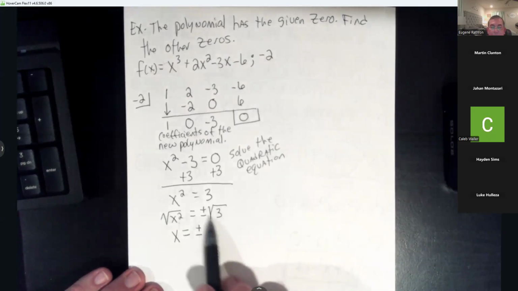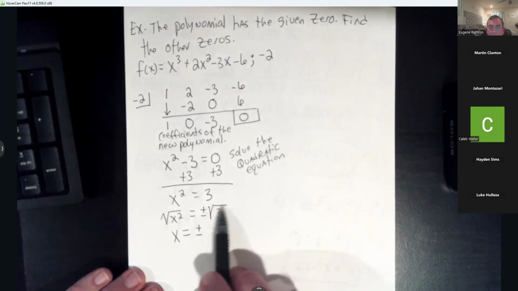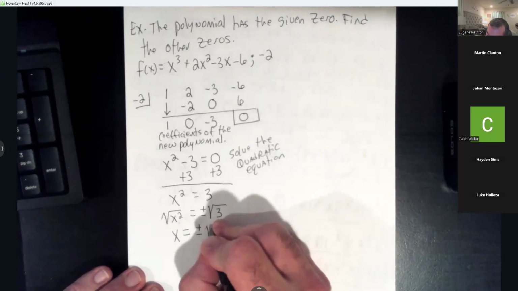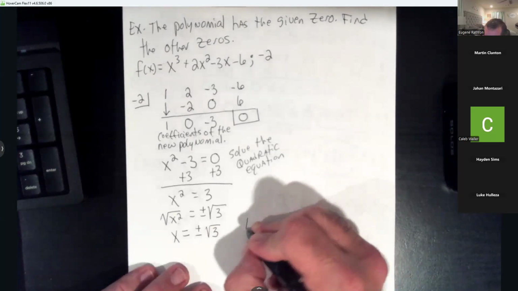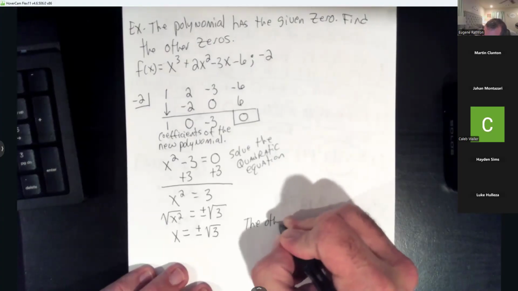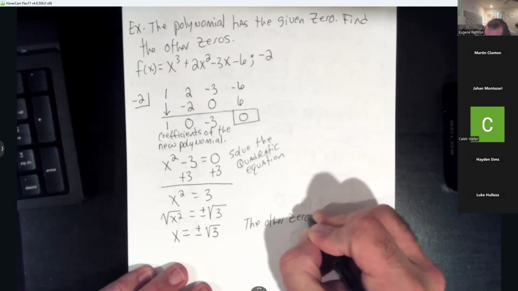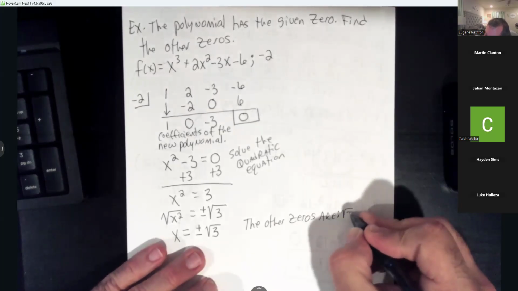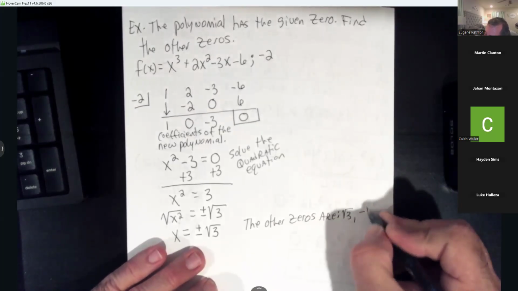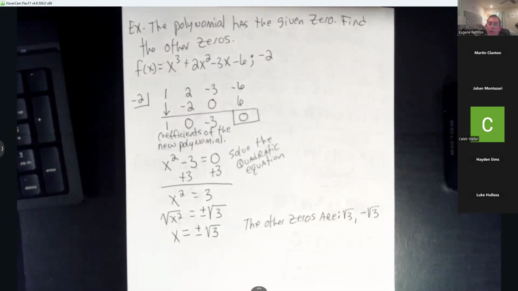And y'all, this is not a perfect square, so we cannot simplify it. So that's just going to give me a plus or minus square root of 3. So for this problem, the other zeros are a square root of 3 and a negative square root of 3.